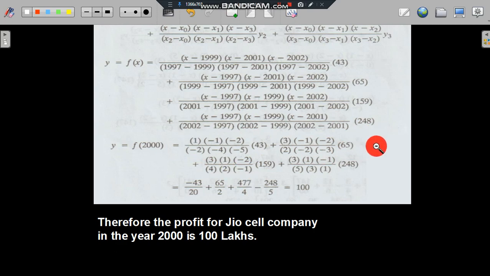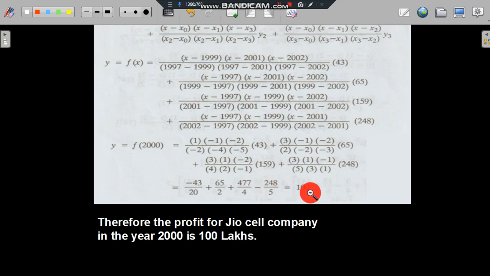numbers, finally you will get minus 43 by 20 plus 65 by 2 plus 477 by 4 minus 248 by 5. When you simplify this, what you are getting is 100.